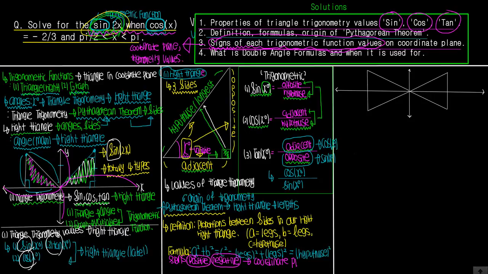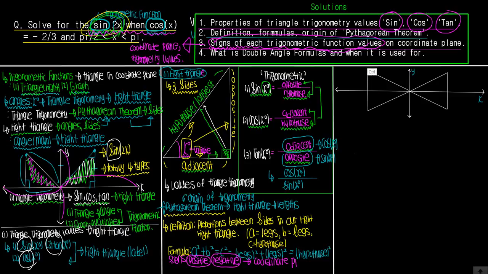We can see there will be an x-axis and a y-axis that form our coordinate plane. And as we can see, the main examples of triangles in our coordinate plane will be mainly this one type of triangle, these two types, these three types, and these four types of triangles.